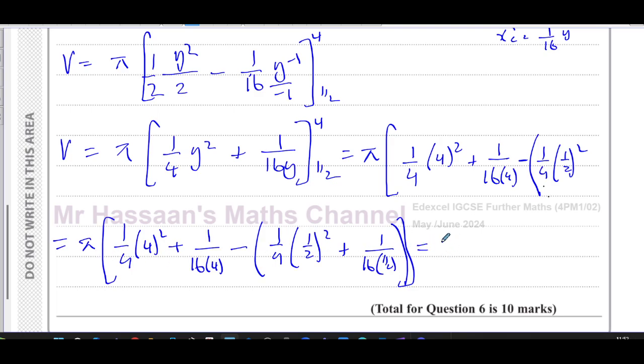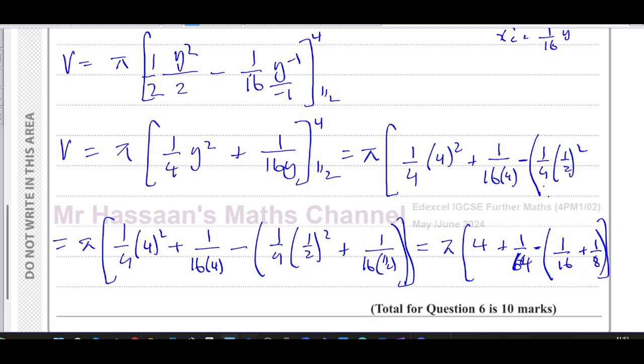That's going to give me pi times 4 plus 1 over 64 minus, and we have 1 over 4 times 1 over 4, that's going to be 1 over 16. Okay, and that's going to be plus 1 over 8. So let's work out what that is.